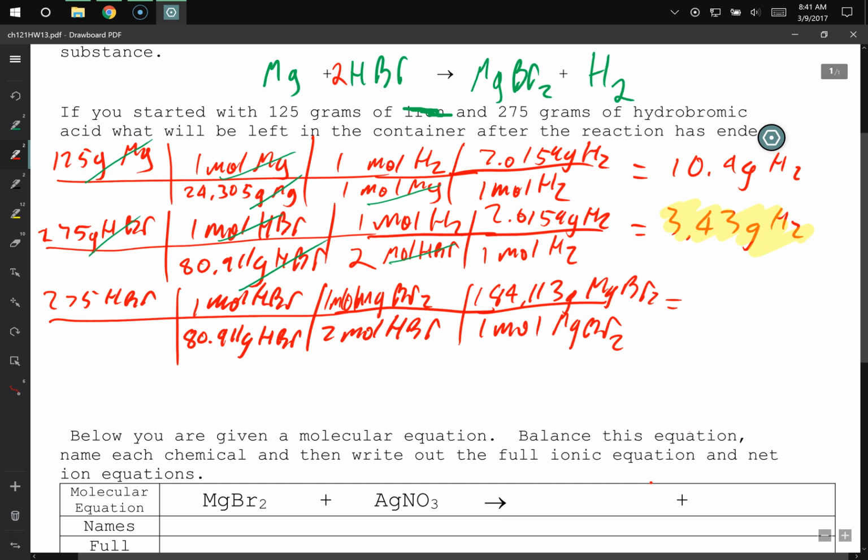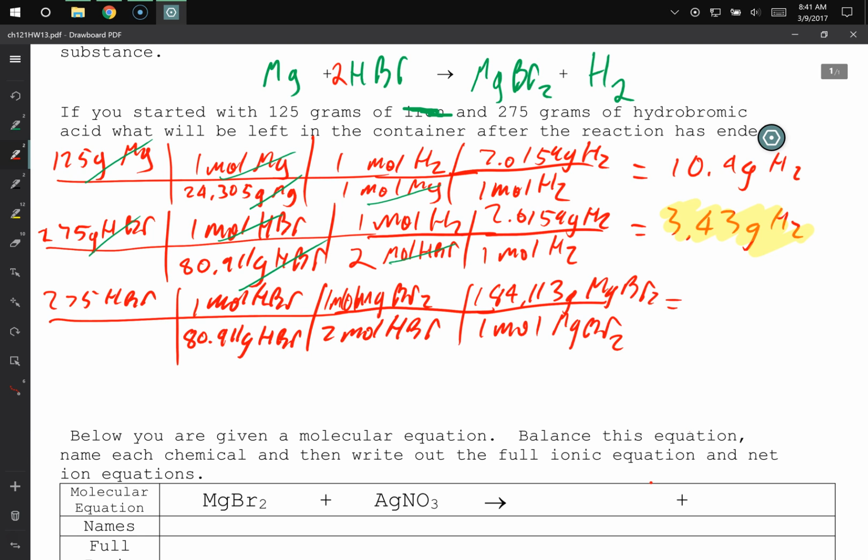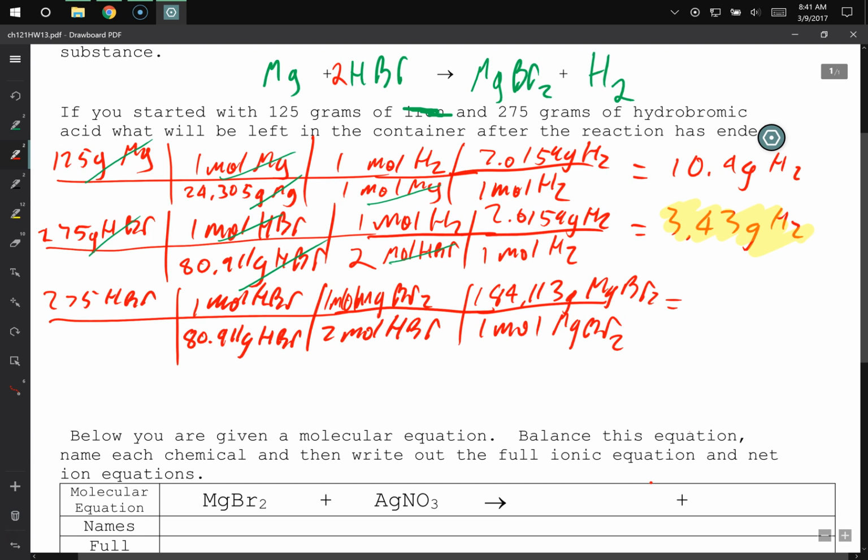MgBr2. All right, so I've got 184.113, and this is 313 grams of MgBr2.